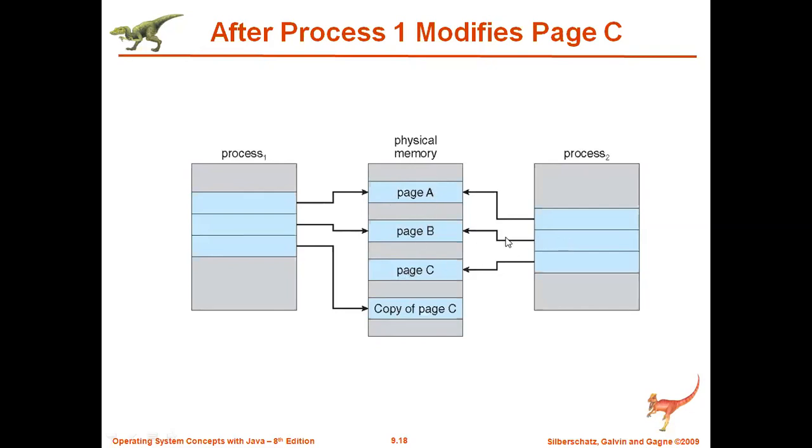For example, if process 1 has 10 children, all 10 can share the same pages until and unless they modify anything. If one says it wants to modify, then we create a copy of that particular page and give it to it, so that it can modify and store it in main memory.